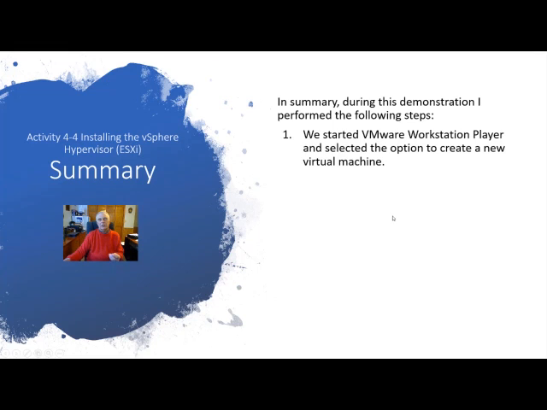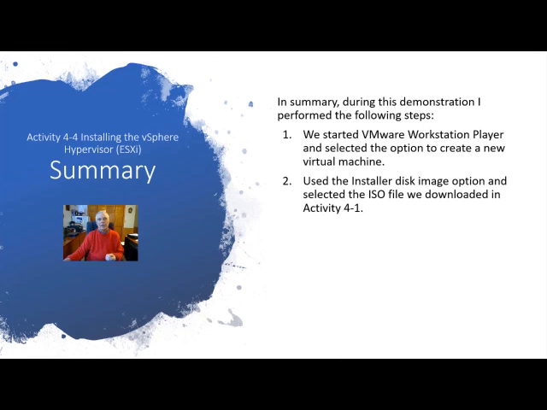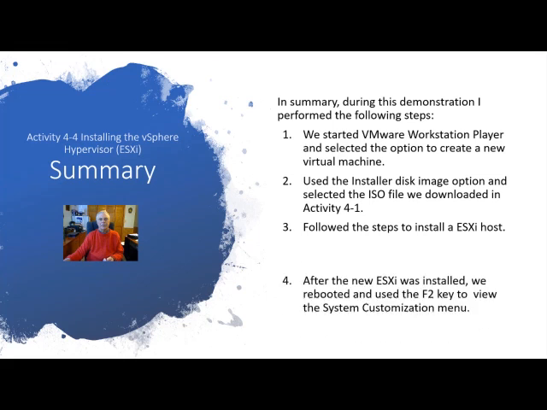In summary then, during this demonstration I performed the following steps. First, we used VMware Workstation Player and then selected the option to create a new virtual machine. We then used the installer disk option and selected the ISO file that we downloaded in Activity 4-1. Next, we followed the steps to install the ESXi host.